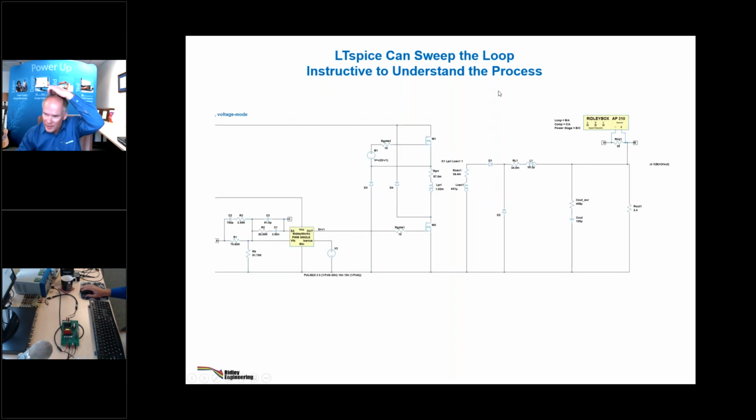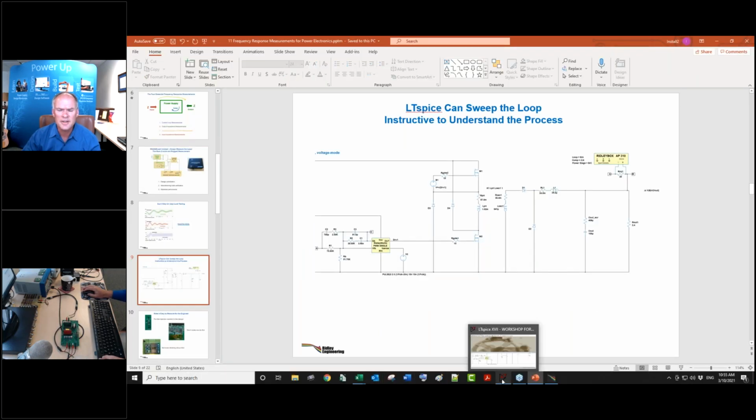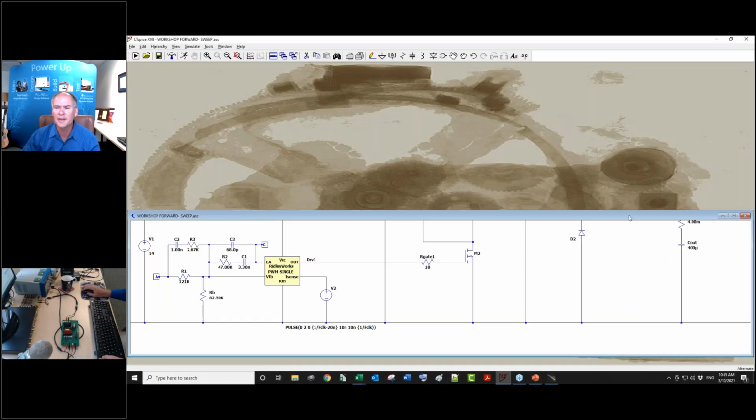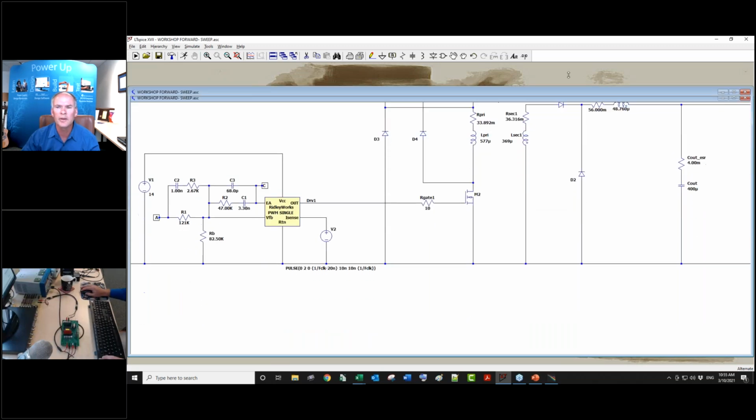All right, let's do a little bit on how this injection technique works. You can sweep a real circuit, which we're going to do, but you can also sweep LTspice. This is a fairly new ability for this to work well.